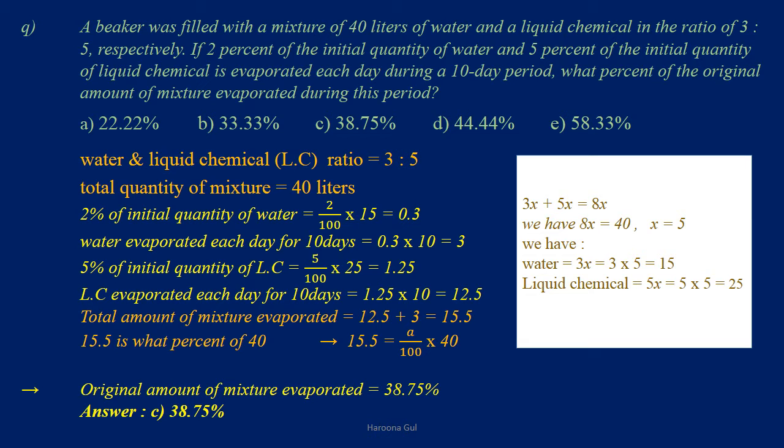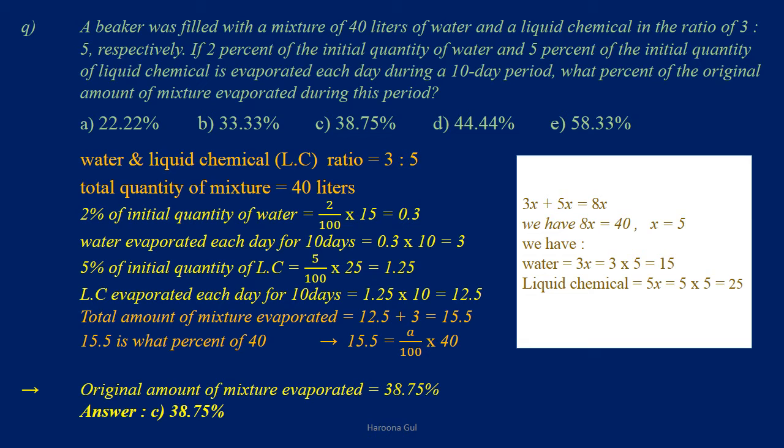And 5% of the initial quantity of liquid chemical is 5/100 into 25, which is going to give us 1.25. And for 10 days, the liquid chemical evaporated would be 1.25 into 10, which is equal to 12.5. So the total amount of mixture evaporated is equal to 12.5 plus 3, which is equal to 15.5.